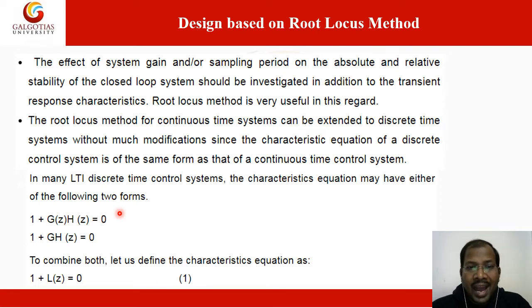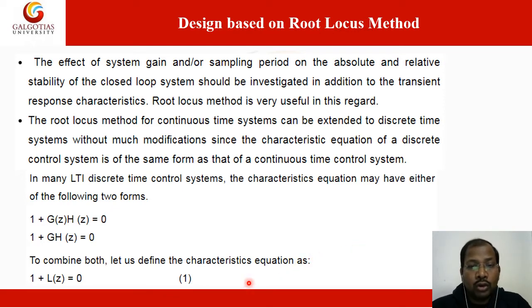When we combine both, we can define a general term, 1 plus L(z) equals 0, because we are going to generalize. Some systems have the characteristic equation given one way, others another way, so we take a combination of these terms, 1 plus L(z), represented in equation 1.